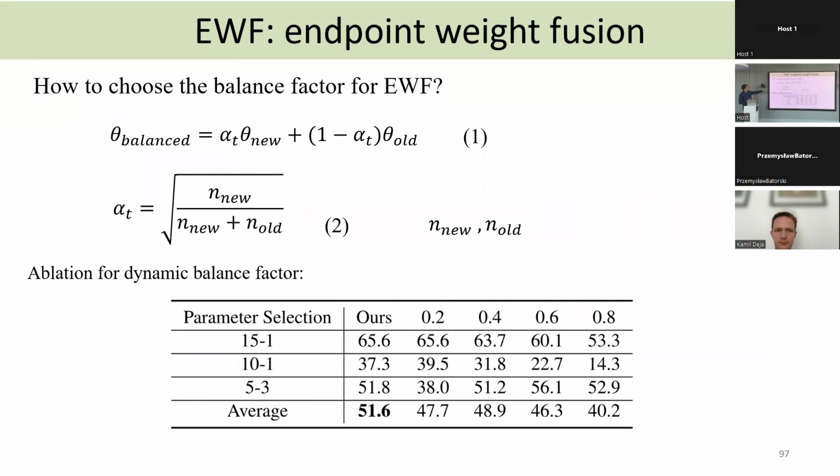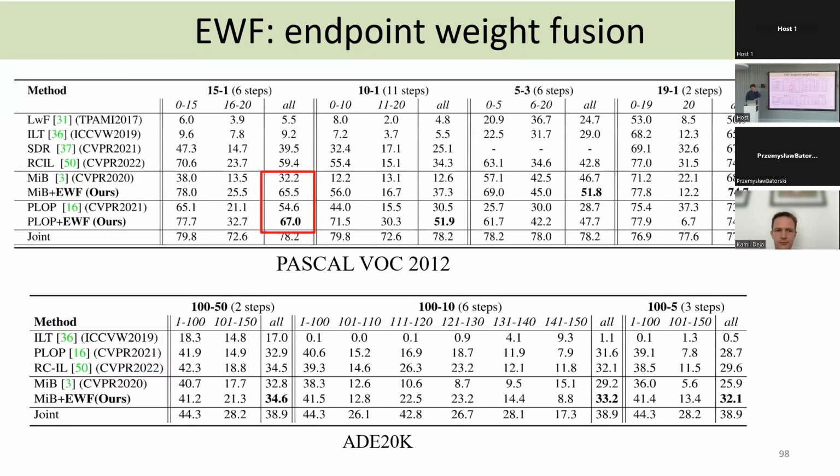We propose a simple equation to dynamically change this alpha during training based on how many old classes there are versus new classes. And here in the ablation, you see that if you use this dynamic alpha, you get better results than any of the fixed alphas, so it works. This is all evaluated for incremental semantic segmentation.